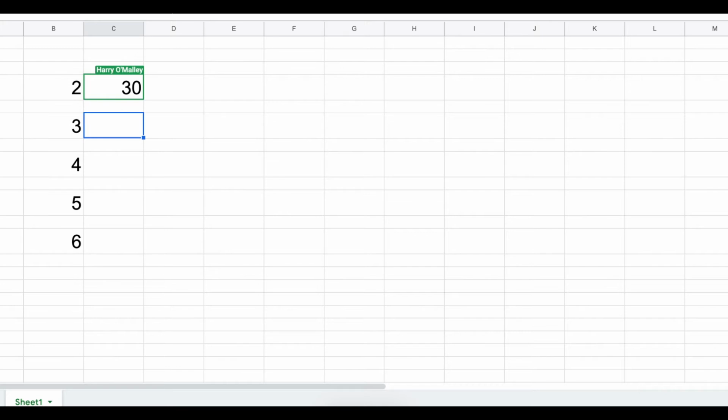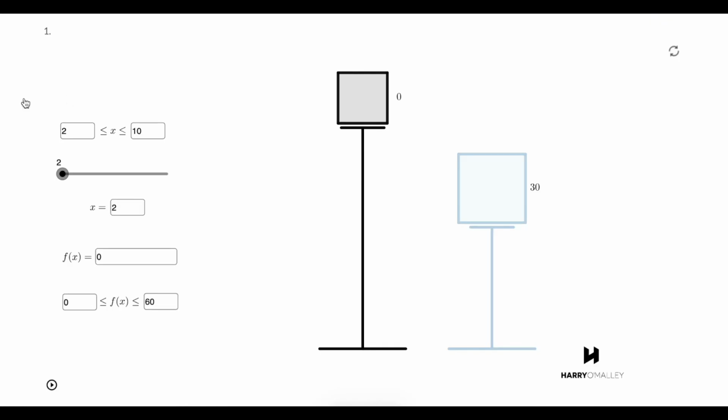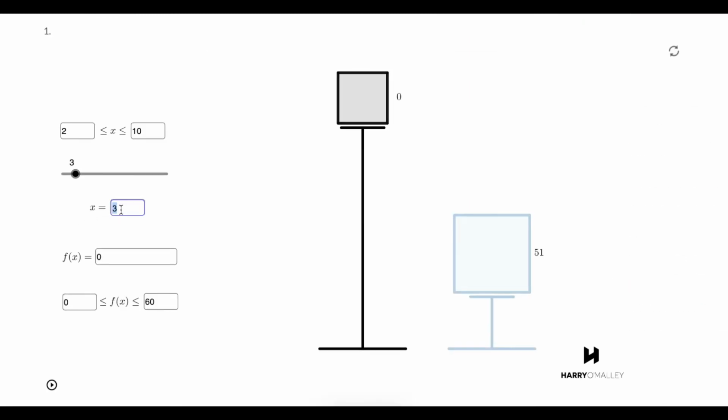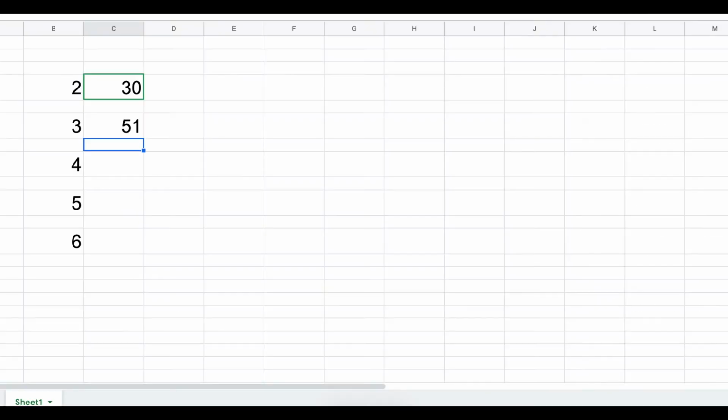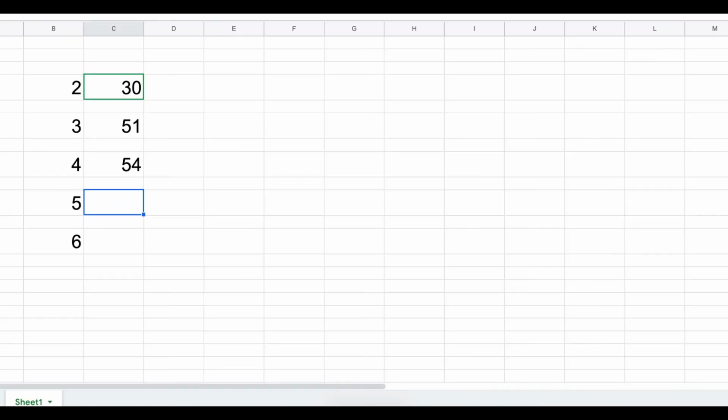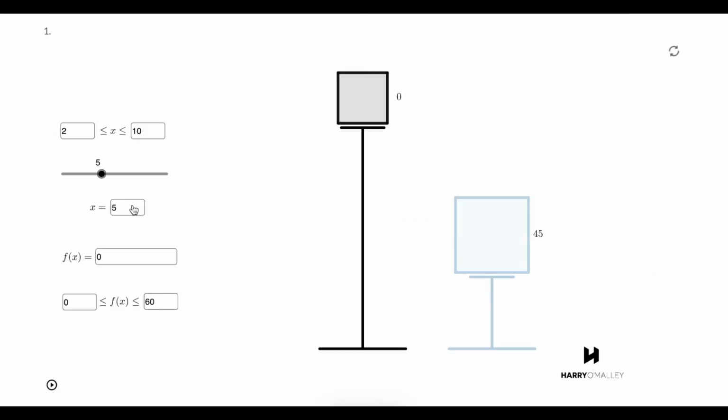Now I'm going to always go on a consistent 2, 3, 4. You got to count consistently over here. We'll go up to 3. And now we're at 51. 4, 54. 5, 45, and 6.